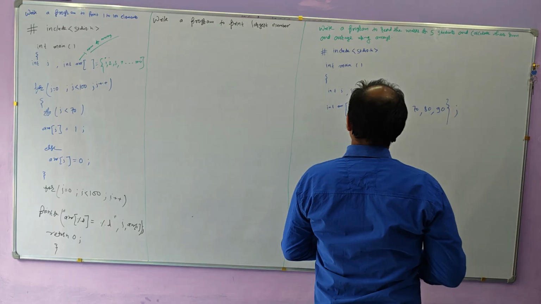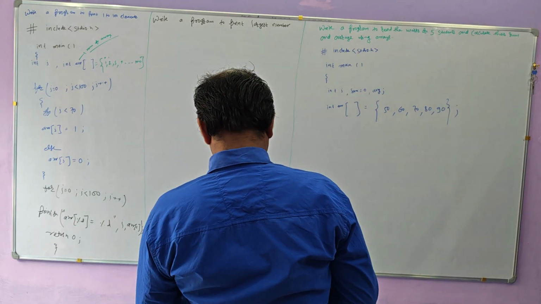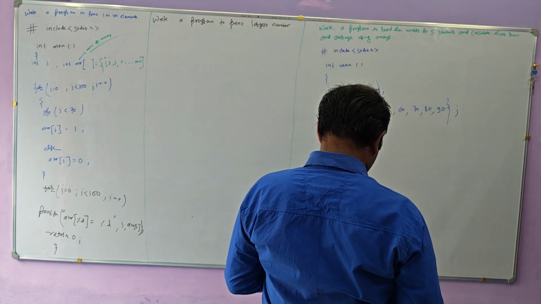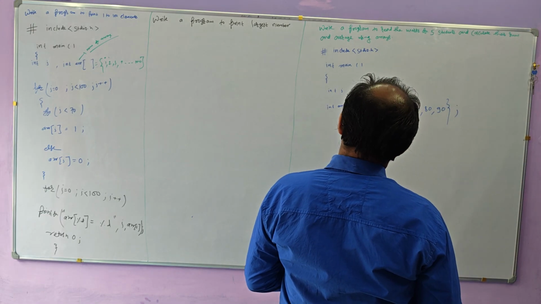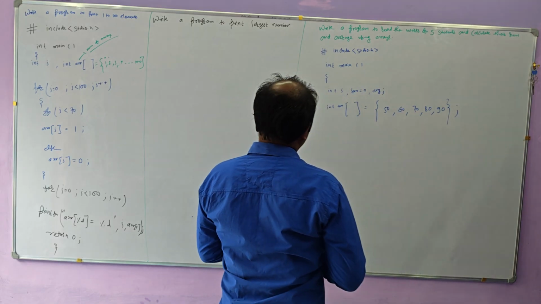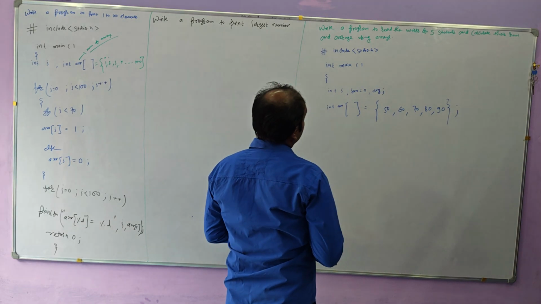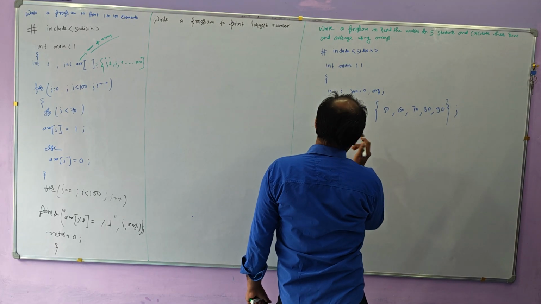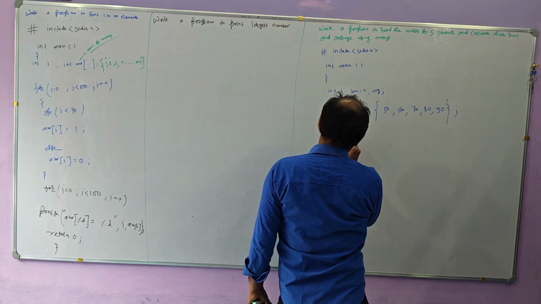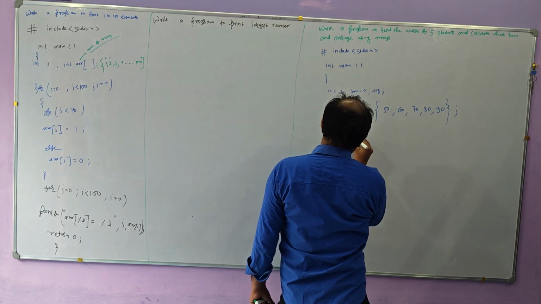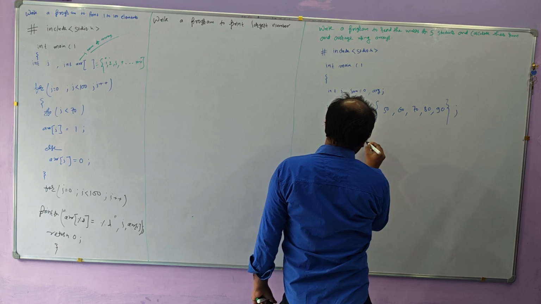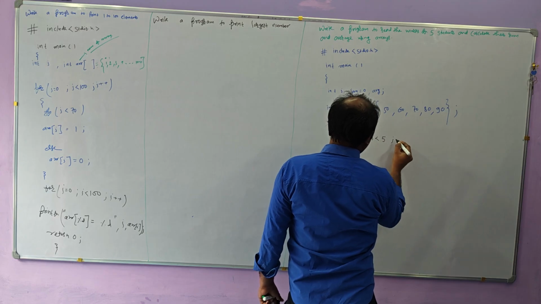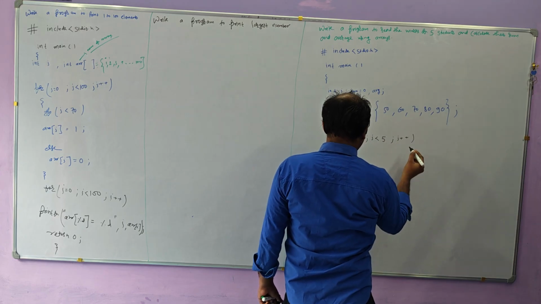Now we read the data: for i is equal to 0, i less than 5, i plus plus.